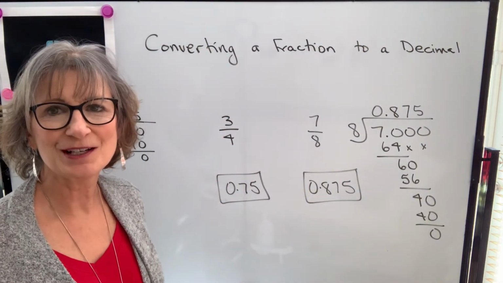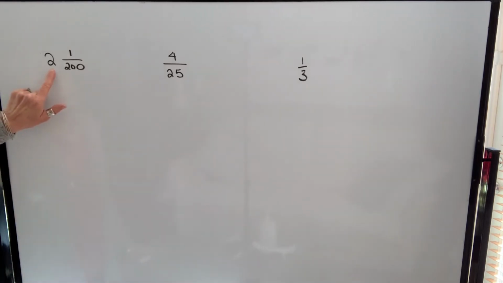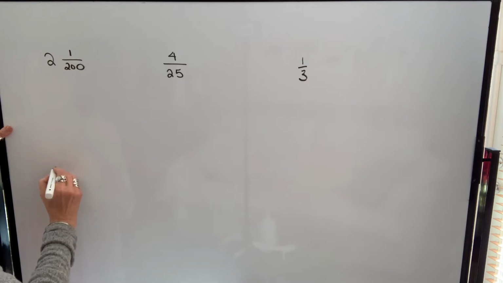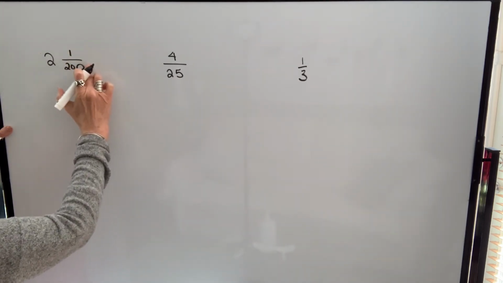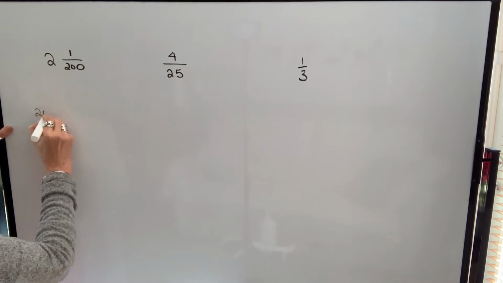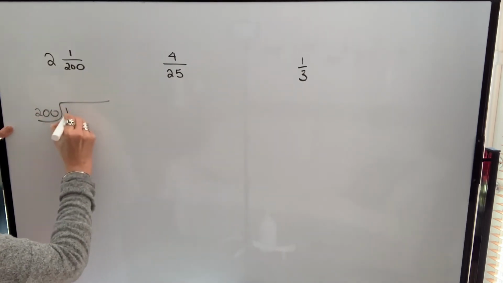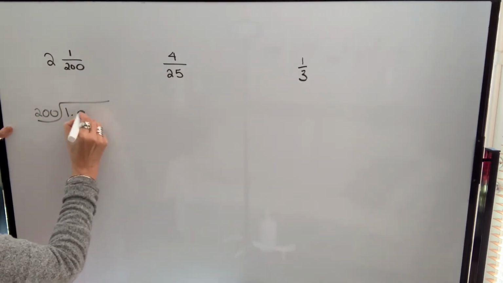Let's try a few more examples. If you have a whole number part and then a fraction, just leave the whole number part outside. So it's going to be 2 point something, and just find what this fraction is equal to as a decimal. So 200 divides into 1. How many times?